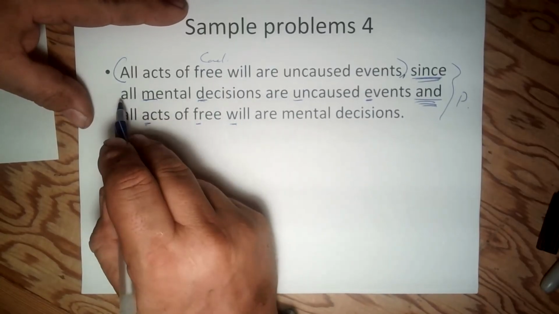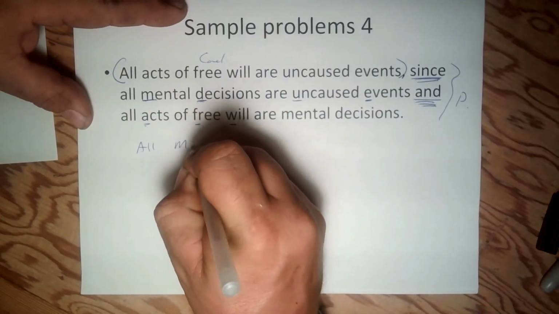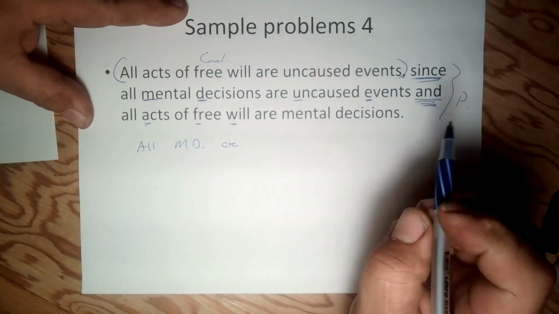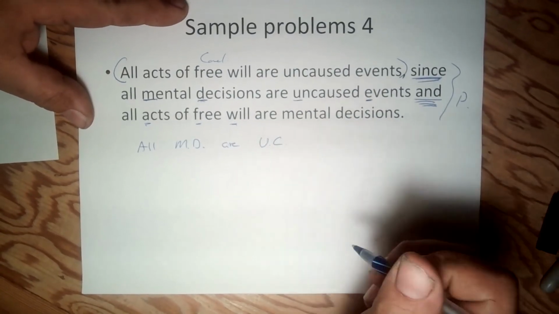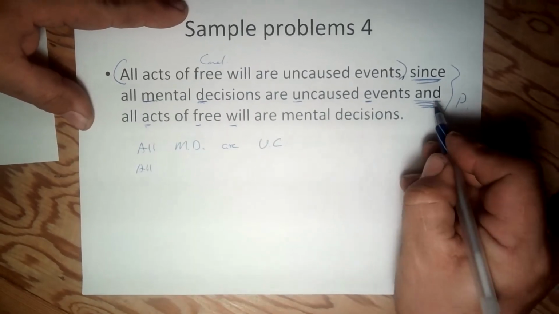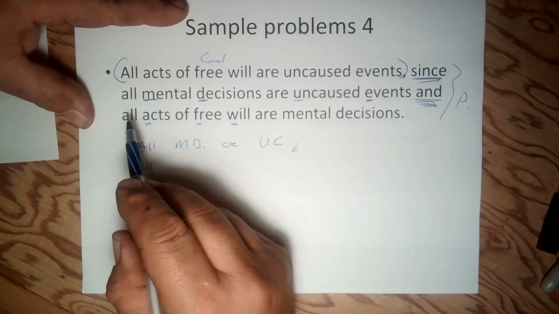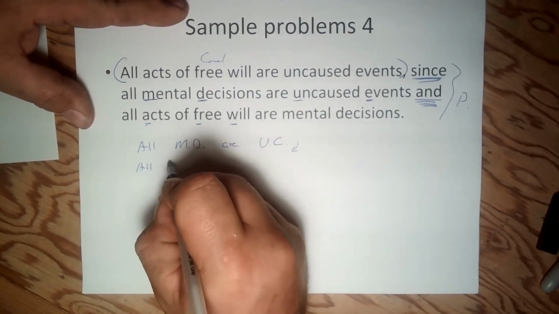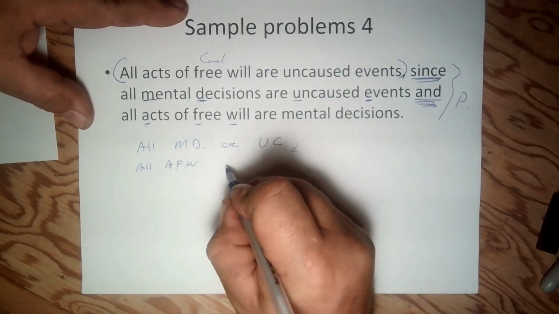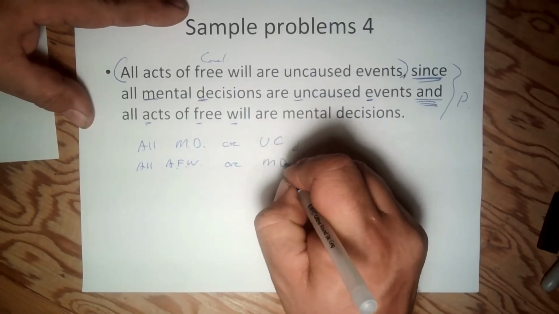So we have all mental decisions, MD, are uncaused events, UE, and all acts of free will are mental decisions, MD.